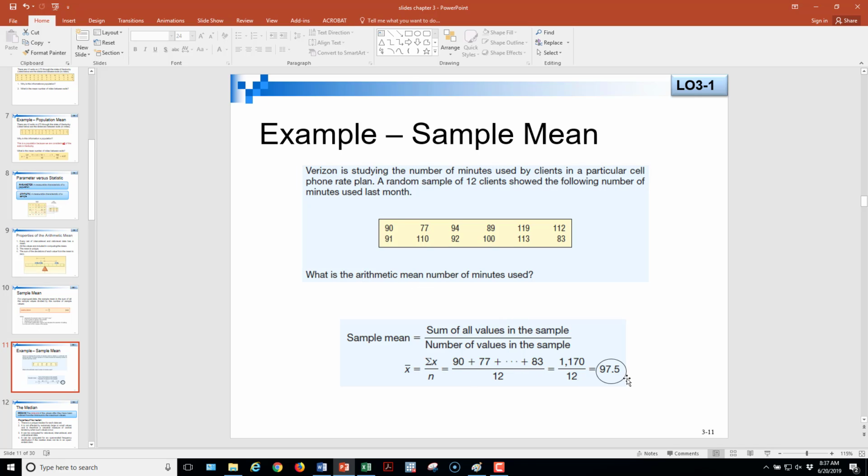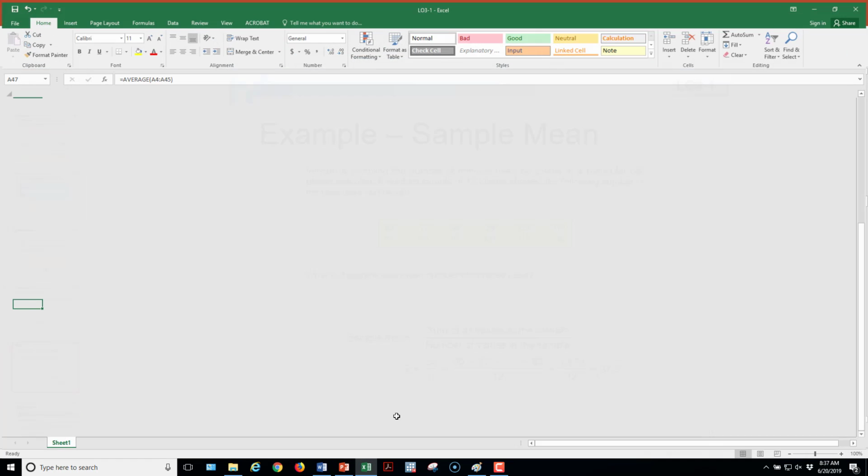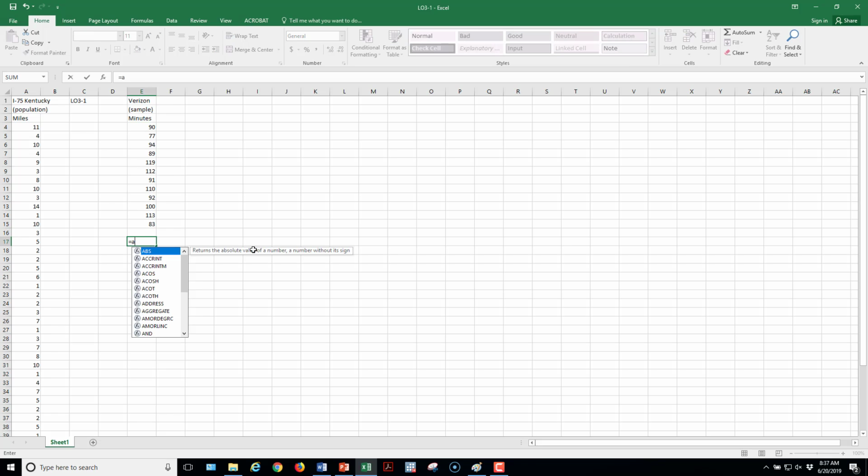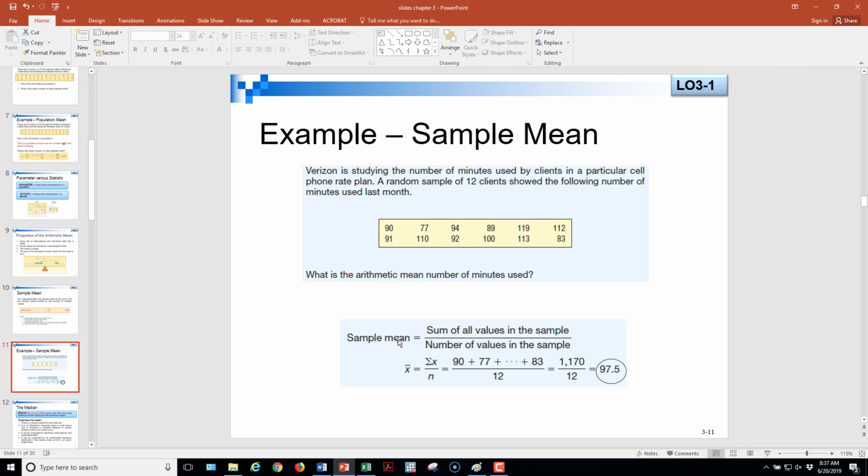Add the numbers divided by 12 gives you 97.5. And again, these are the 12 numbers here. In Excel, you just type equal average, open parenthesis, select your data, close parenthesis, 97.5.